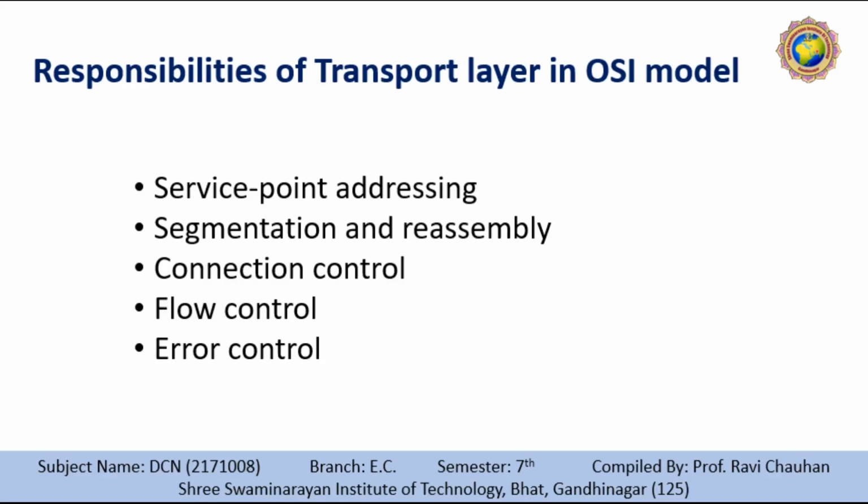Next is connection control. The transport layer can be either connectionless or connection oriented. The connectionless transport layer treats each segment as an independent packet and delivers it to the transport layer at the destination machine. The connection oriented transport layer makes a connection with the transport layer at the destination machine first before delivering the packets. After all the data are transmitted, the connection is terminated. Means in the connection control mechanism, there are two types, connection oriented and connectionless.